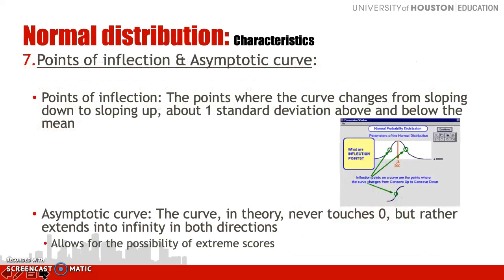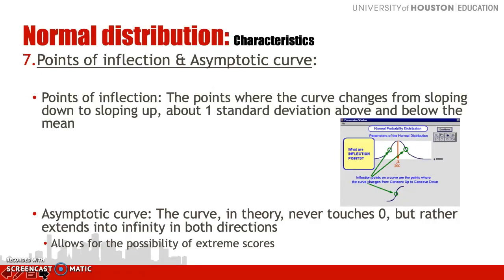Finally, points of inflection and this neat word, asymptotic curve. For anyone who's taken some advanced level math, you know asymptotic, and for those of you who haven't, it just means that a curve approaches but never touches a straight line. So the curve is that tail of the distribution, which is always approaching the x-axis into infinity and never touches it.